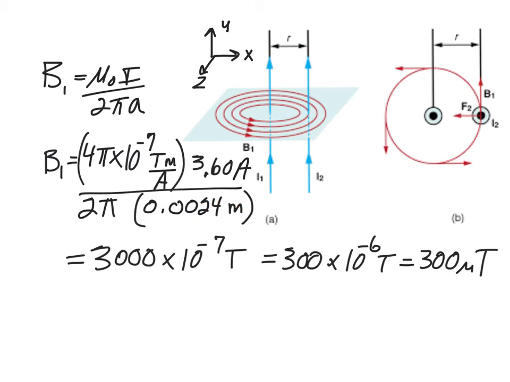And then what we get is we get the meters canceling and the amps canceling, and we end up with Tesla, and this becomes 3,000 times 10 to the minus 7 Tesla, or 300 times 10 to the minus 6, or 300 microtesla in the direction negative k hat, or negative k.